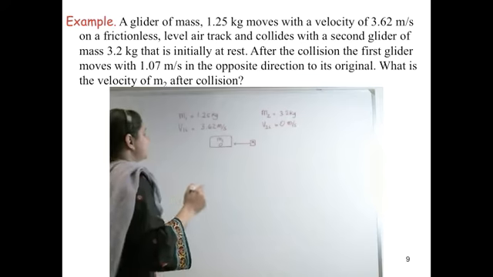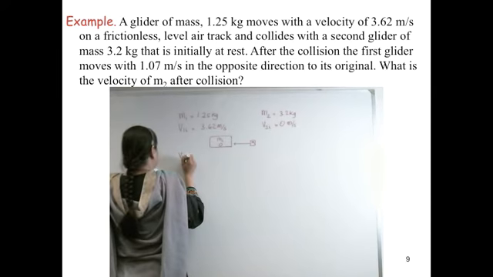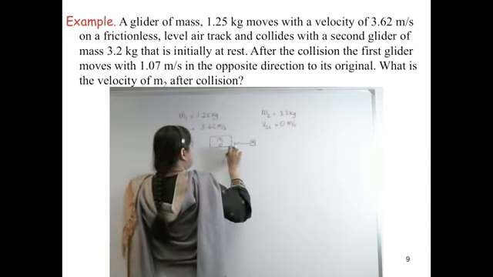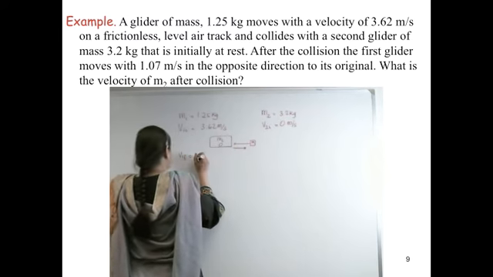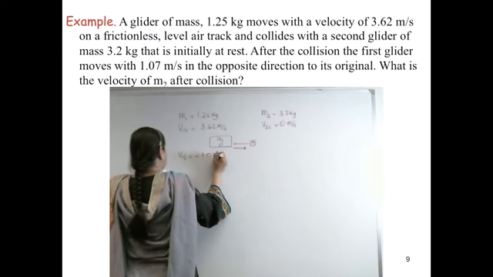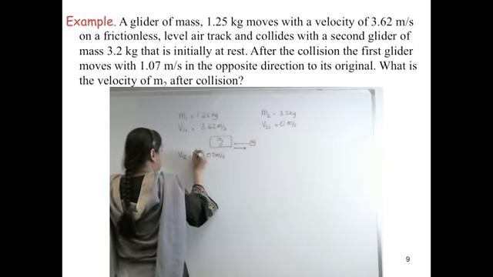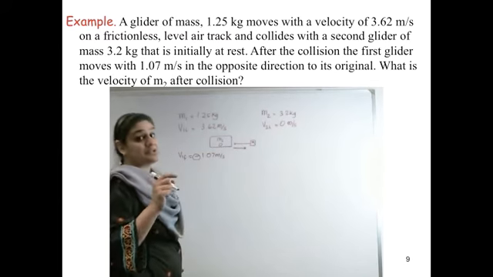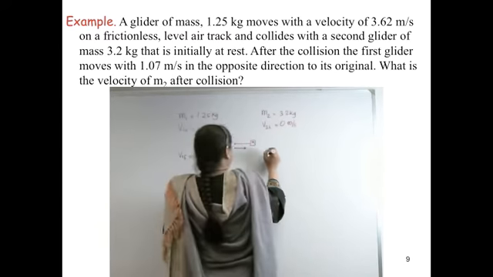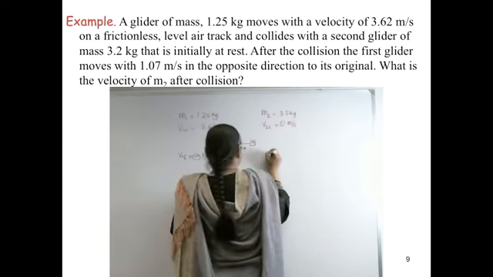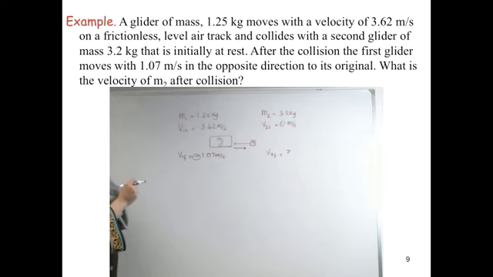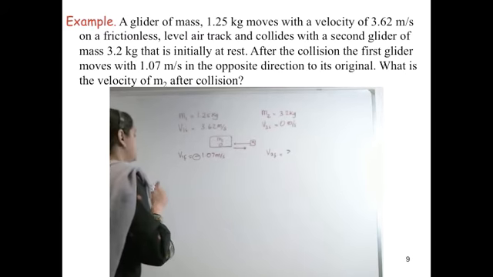Now, it's saying that v1 final, this mass goes back after the collision, so this means it's minus 1.07 meters per second. Note the minus sign indicates the change in direction, and v2f is what we need to calculate. So we know that this is an elastic collision, and we know that the momentum will be conserved.